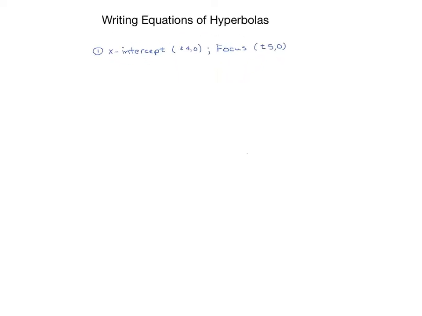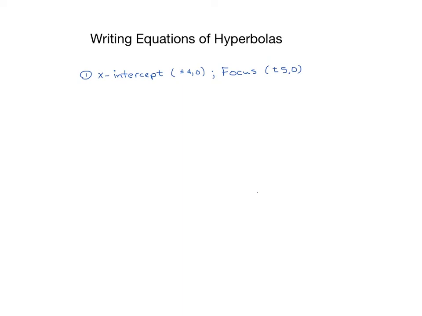I could look at this right away and I can already tell that this is going to hit the x-axis. So my x squared term is going to come first. However, if it helps you to graph the given information, just so you can get a picture, you can do that. So let me do a quick rough sketch here. I'm going to graph the two x-intercepts.